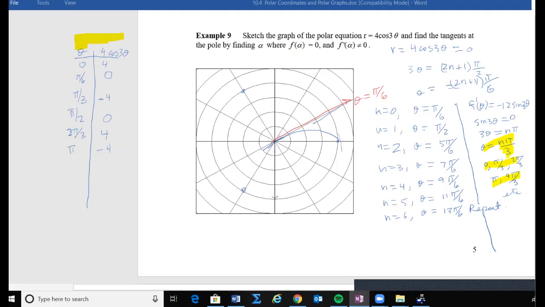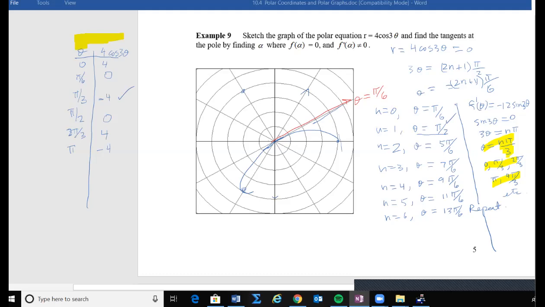And then it doesn't take much. By the time I get to pi over 3, I'm back over here swinging back around. So I'm at -4. So remember, if I swing out this way, if it's pi over 6, I'll be going opposite. I'll be at -4. That's why I'm over here. And then I'm swinging back around to get to 0. By the time I hit pi over 2, I'm back to the pole, because remember, that's one of my theta values for a tangent at the pole.